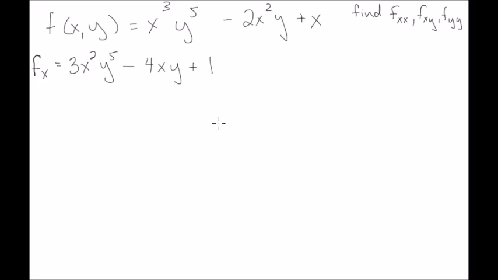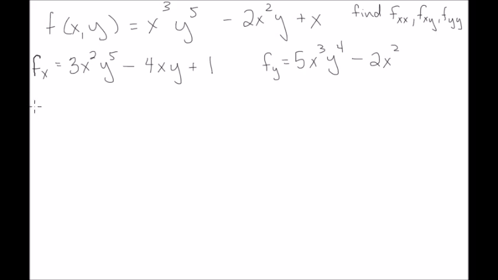Plus the derivative of x is 1. I take the partial with respect to y. My x cubed is a constant. I bring down the 5. I get 5x cubed, y to the 4th, minus the 2x squared is a constant. The derivative of y is 1, so I just have 2x squared plus 0 because there's no y in that third term.